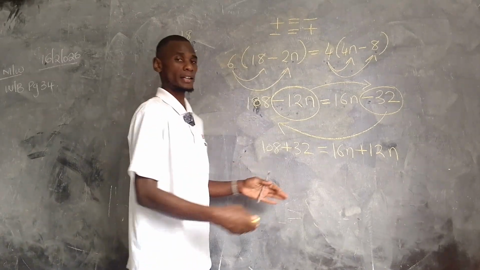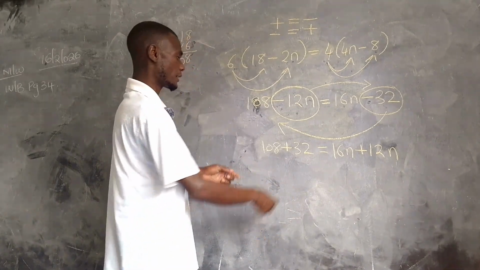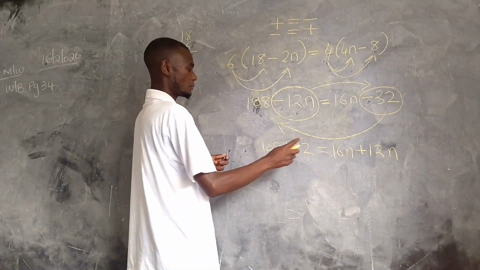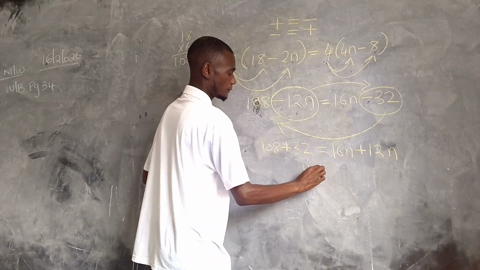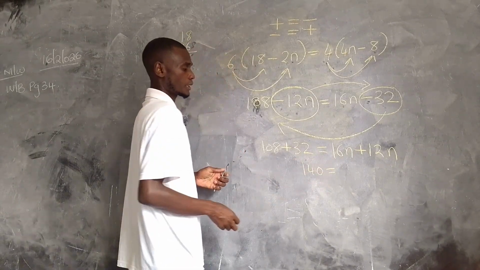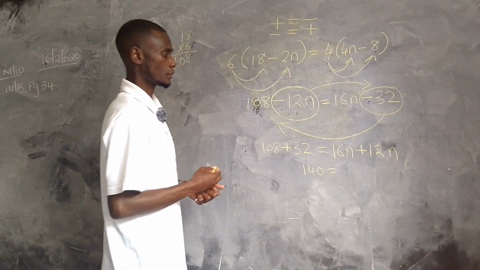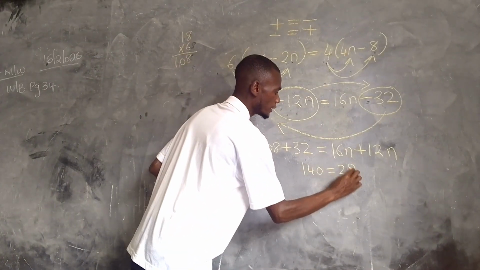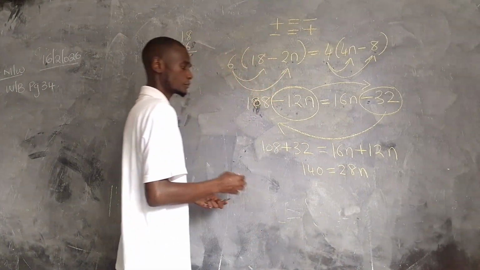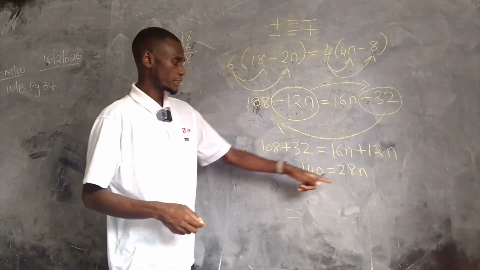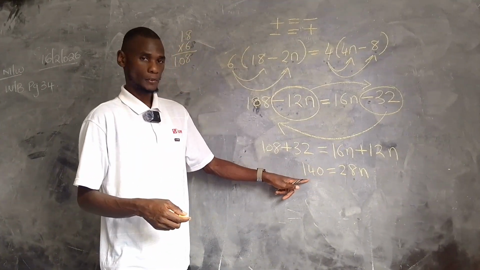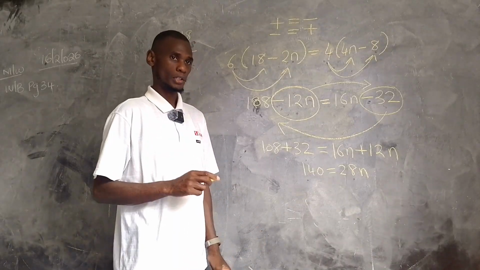Because now they are same like terms, we can add 108 plus 32, that is 140, is equal to 16 plus 12, that is 28n. So 28n. If 28n is 140, 1n is what?